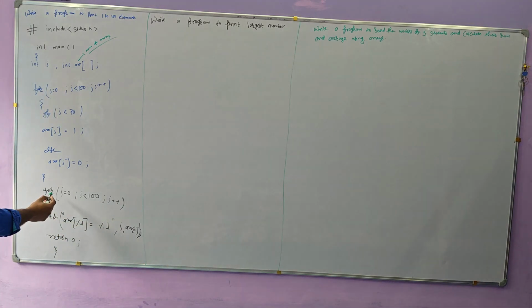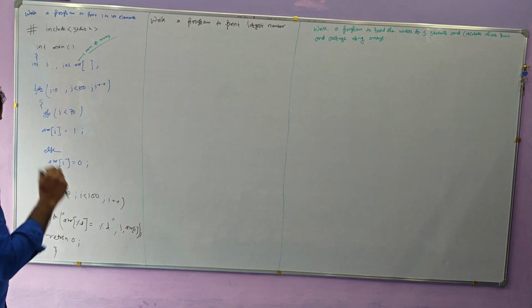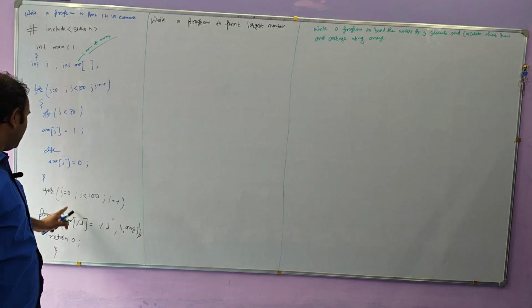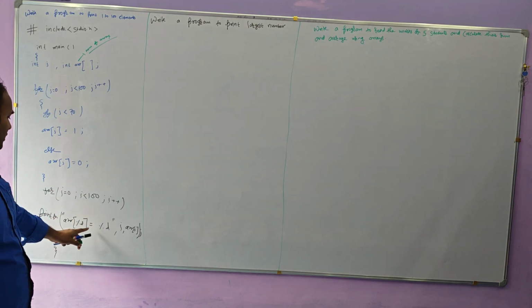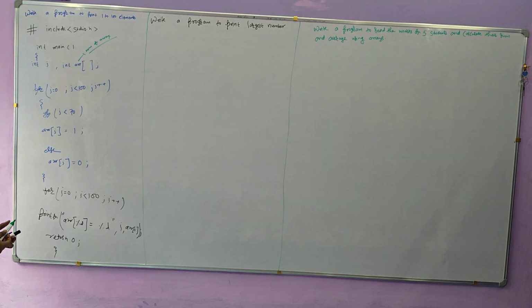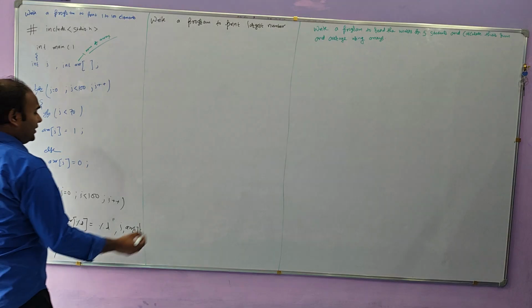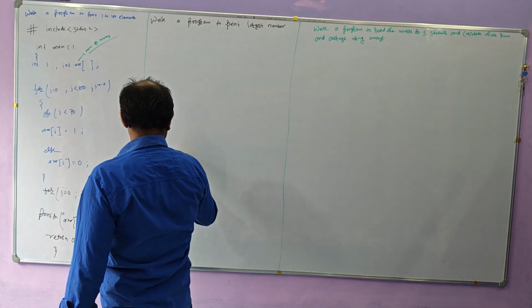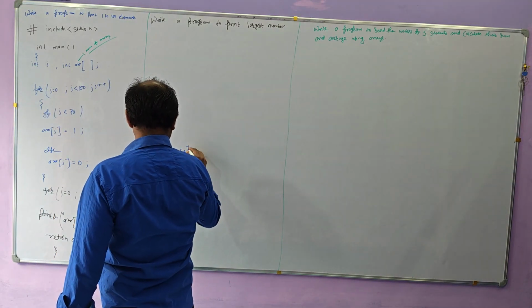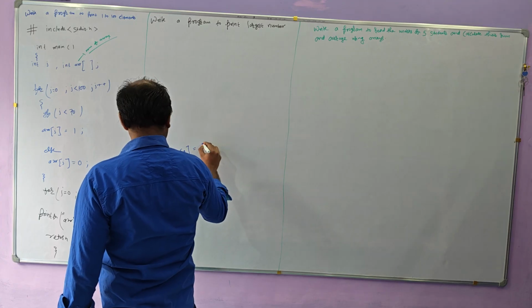Then for I is equal to 0, we print AR of 0, which is 1. It will print AR of 0 is equal to 1.